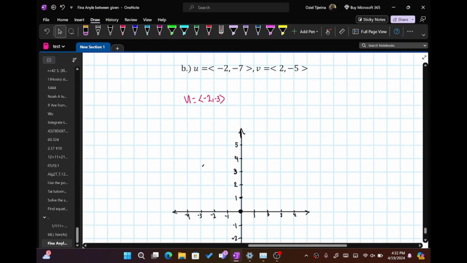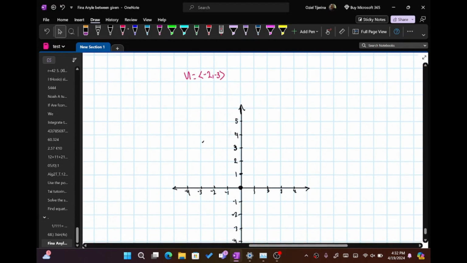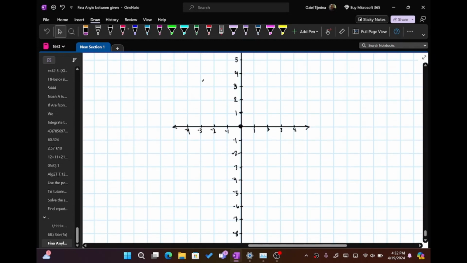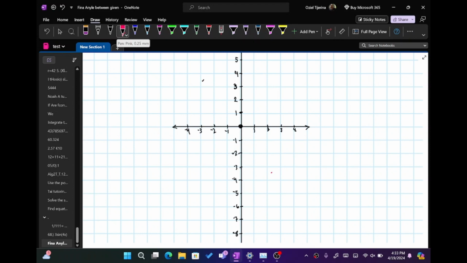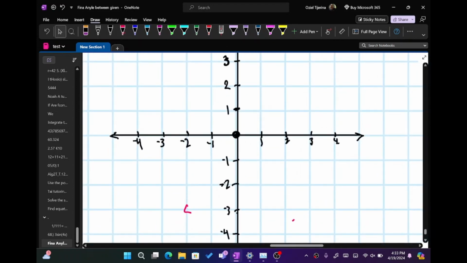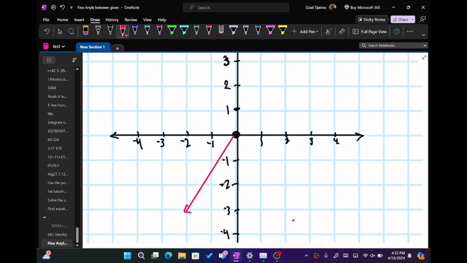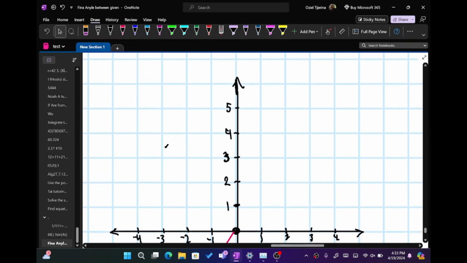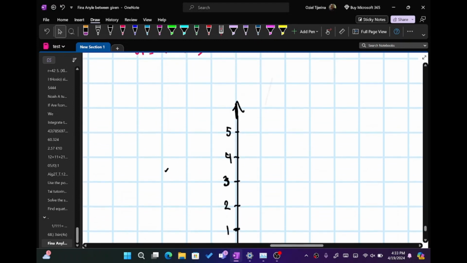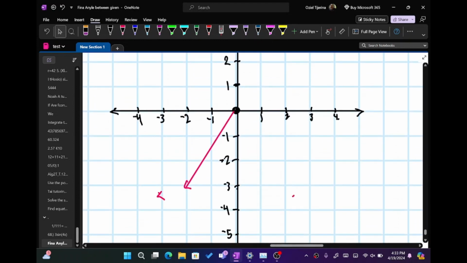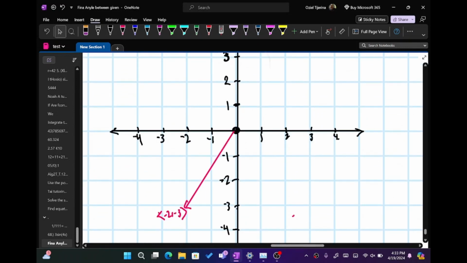So it's -2, -3. I'm going to put a little arrow there to indicate that that is my first vector, and draw an arrow the best way that I can. So this is vector -2, -3. I'm going to call this vector u.